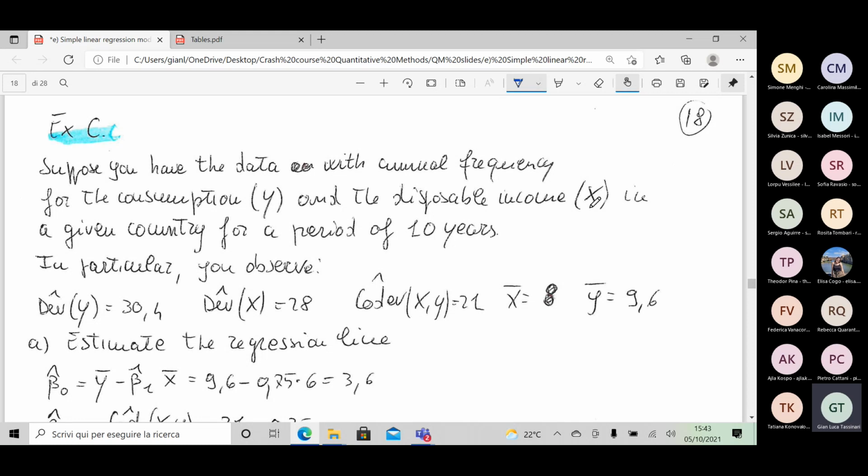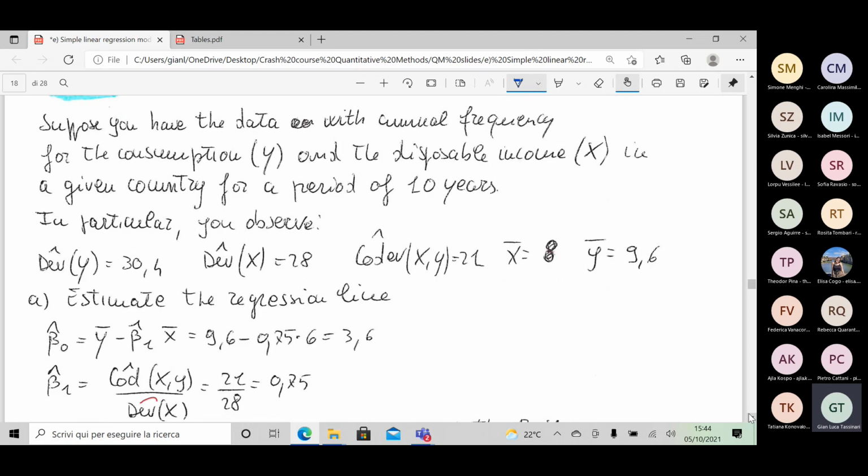So the first question is to estimate the regression line. To estimate the regression line, obviously you need to compute beta 1 hat and beta 0 hat. Beta 0 hat is the estimator of beta 0, beta 1 hat is the estimator of beta 1. After having computed their values in the sample, you get estimates.